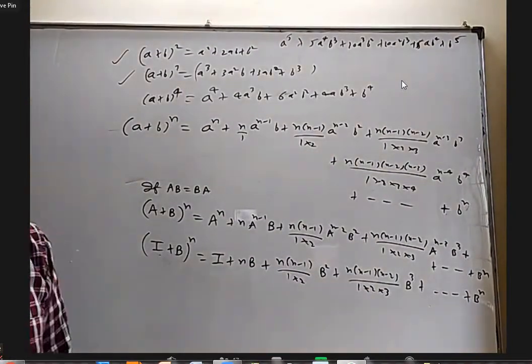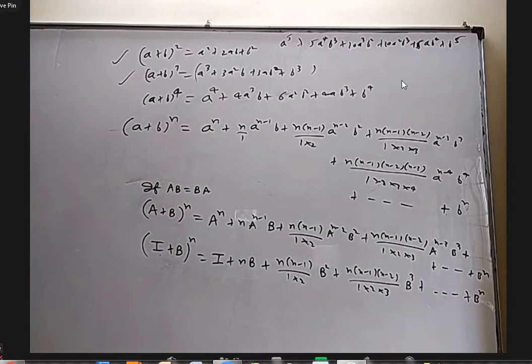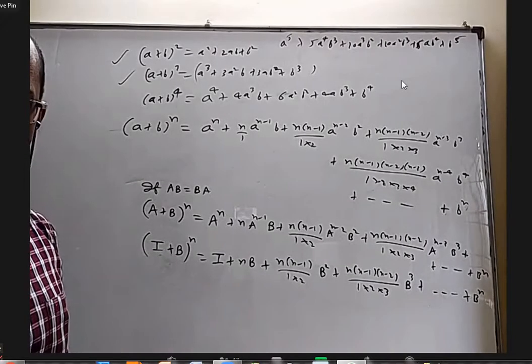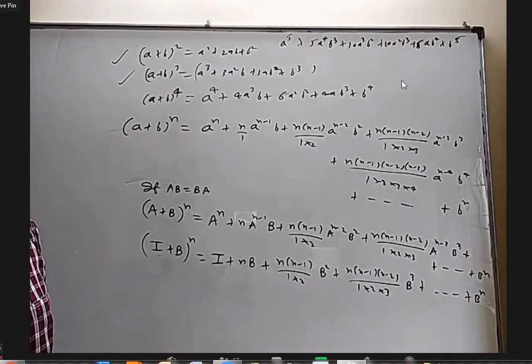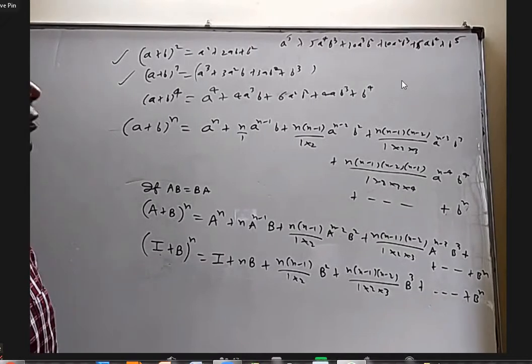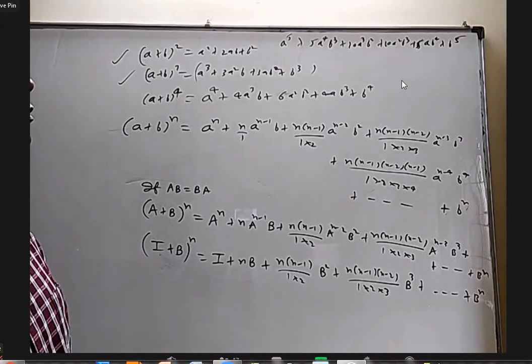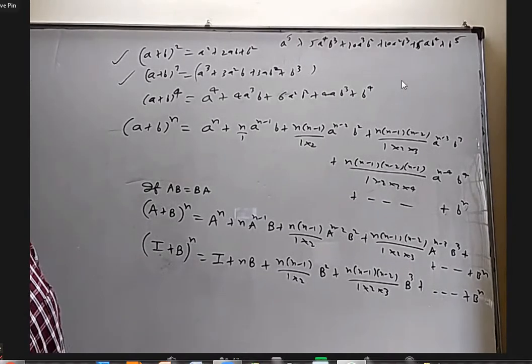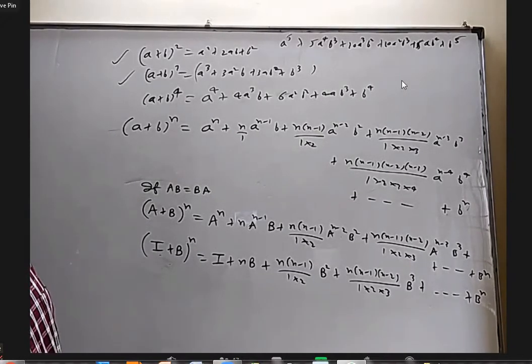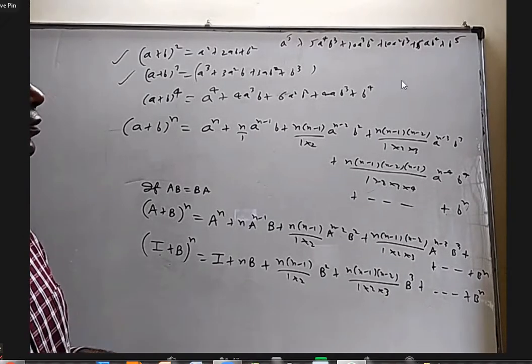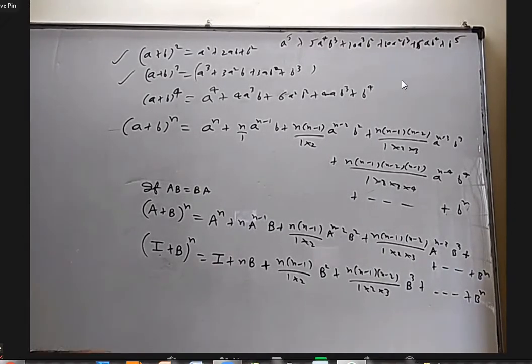Yes, sir. Sir, one doubt. Sir, 5a to the power of 4 b cube plus 10 a cube b square, b square plus 20 will come now, sir, because 60 by 3 it will come. Oh no, sir, understood, sir.